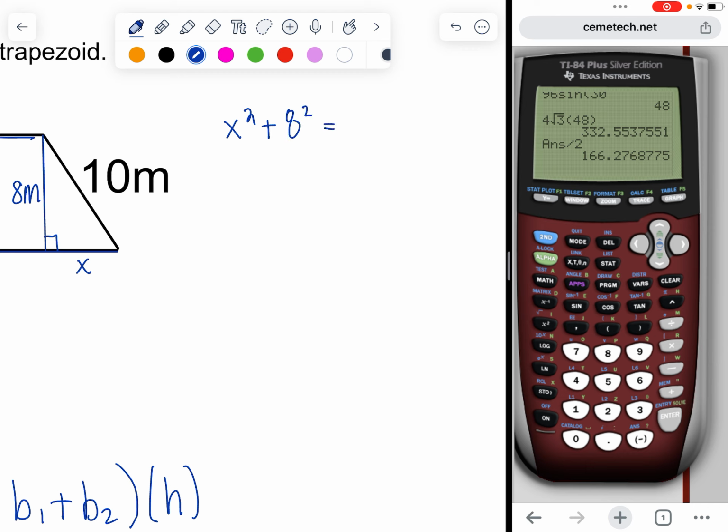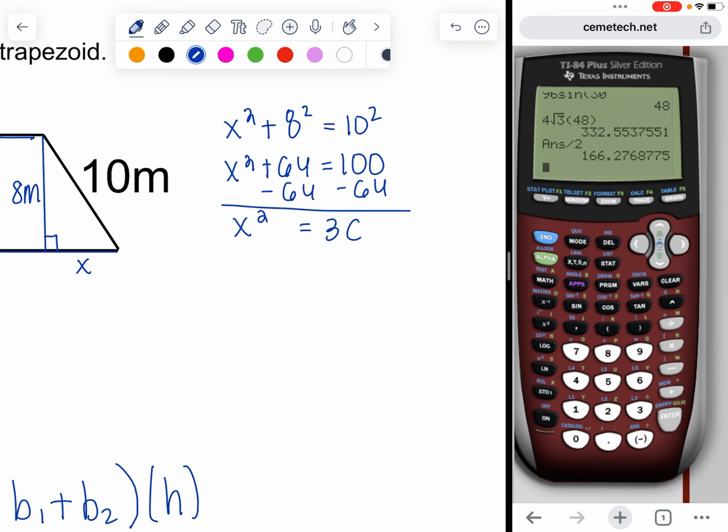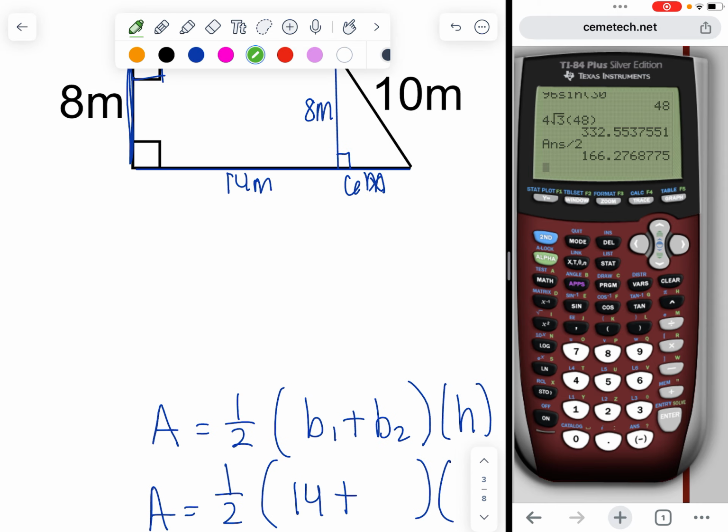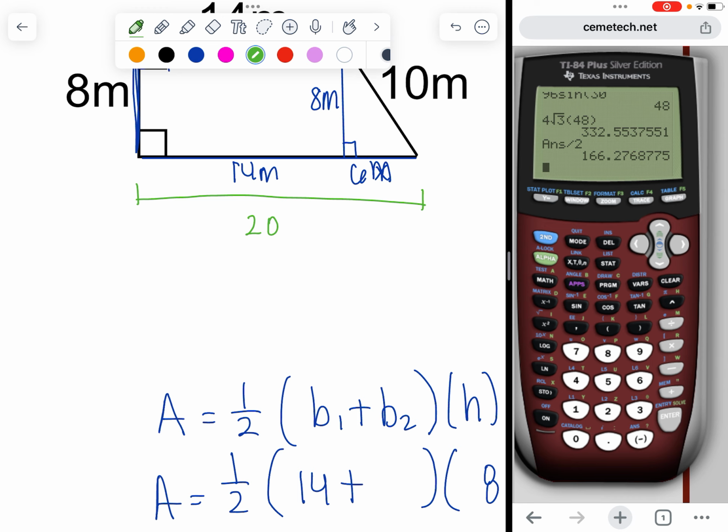X squared plus 8 squared equals 10 squared. X squared plus 64 is equal to 100. Subtract 64 from both sides. X squared is equal to 36, and then square root, positive answer only, 6 meters. So X is 6 meters, and now this base right here is 14 plus 6, which is 20 meters.